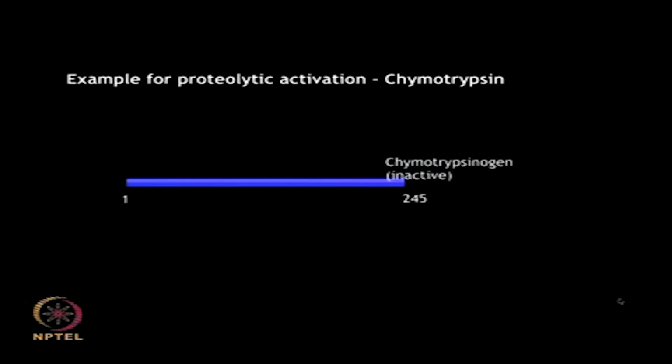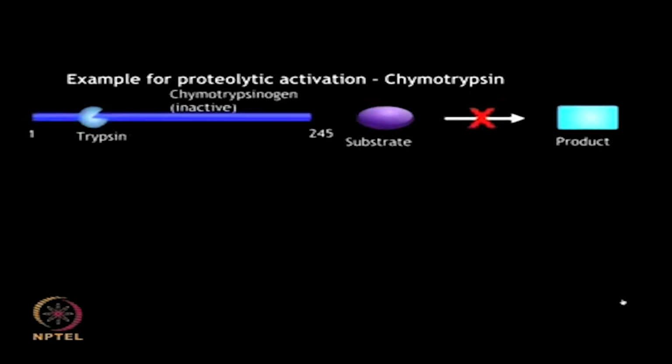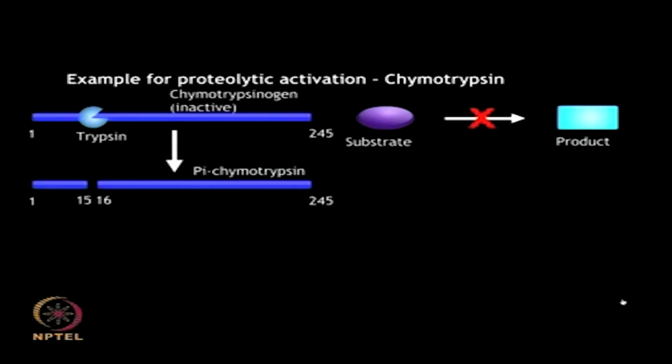Chymotrypsinogen, the zymogen of a digestive enzyme that hydrolyzes protein in the small intestine, exists within membrane bound granules after synthesis in the acinar cells of the pancreas. The proteolytic enzyme trypsin converts it into its active form by cleavage of a peptide bond between arginine at position 15 and isoleucine at position 16.